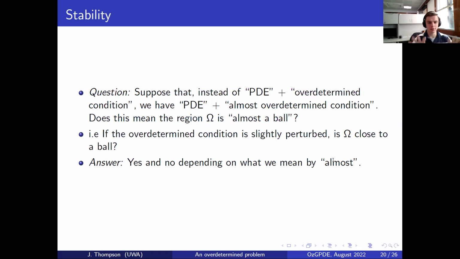So if you imagine taking two disjoint balls, but they just touch, so you have a kind of dumbbell shape with a very thin neck, then this can almost satisfy the overdetermined condition in some sense of almost. But this is not almost a ball, right? It's almost two balls.